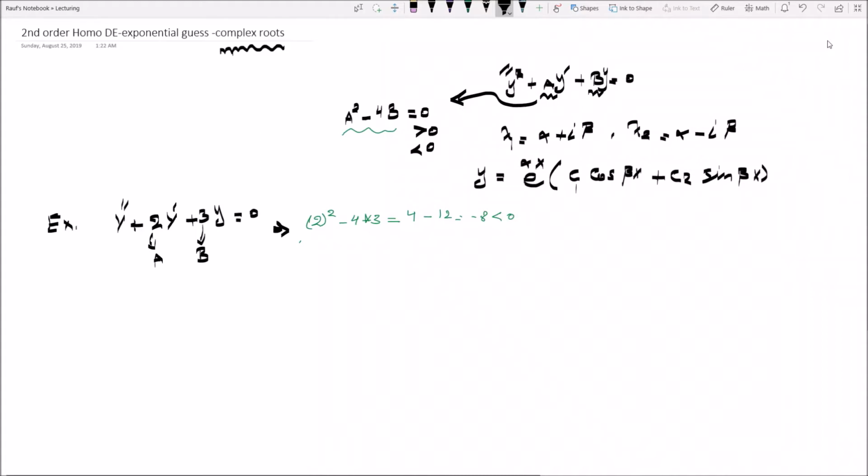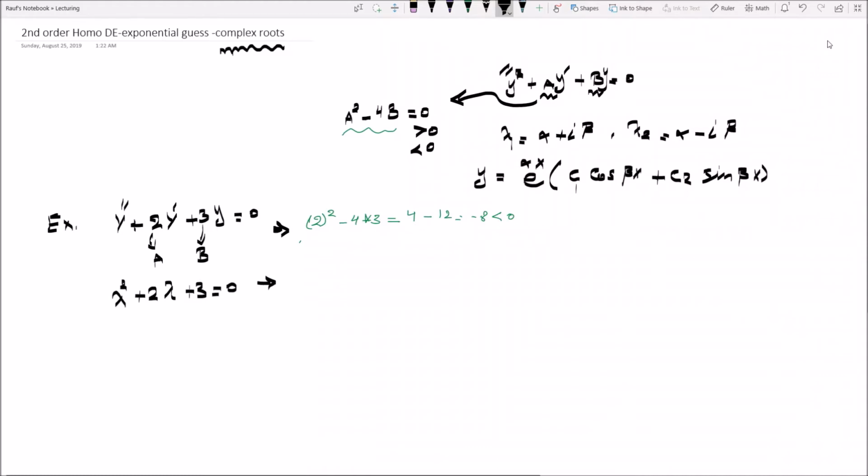Okay, coming back to the equation, we have here y double prime. In this case we can represent it as lambda squared plus 2 lambda plus 3 equals 0.